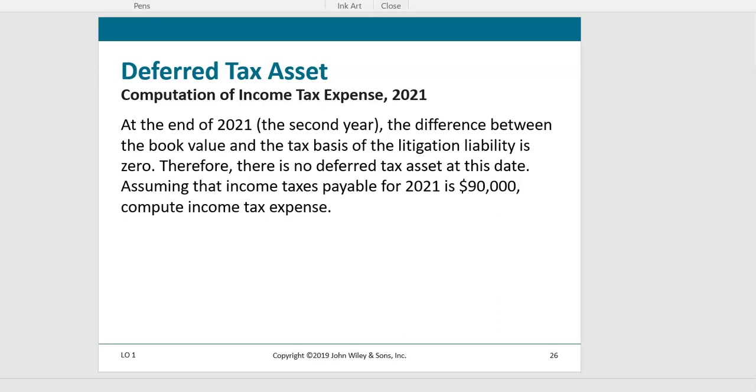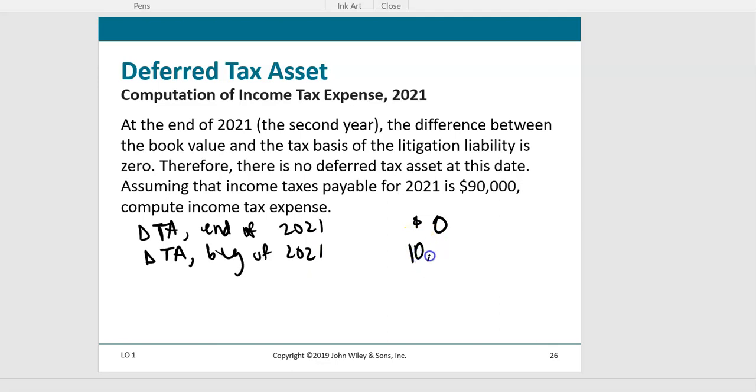So to calculate income tax expense, we can start with our deferred tax asset at the end of 2021, which is going to be zero because this has fully reversed. Calculate the change by comparing that to the deferred tax asset at the beginning of 2021, which we said was 10,000.